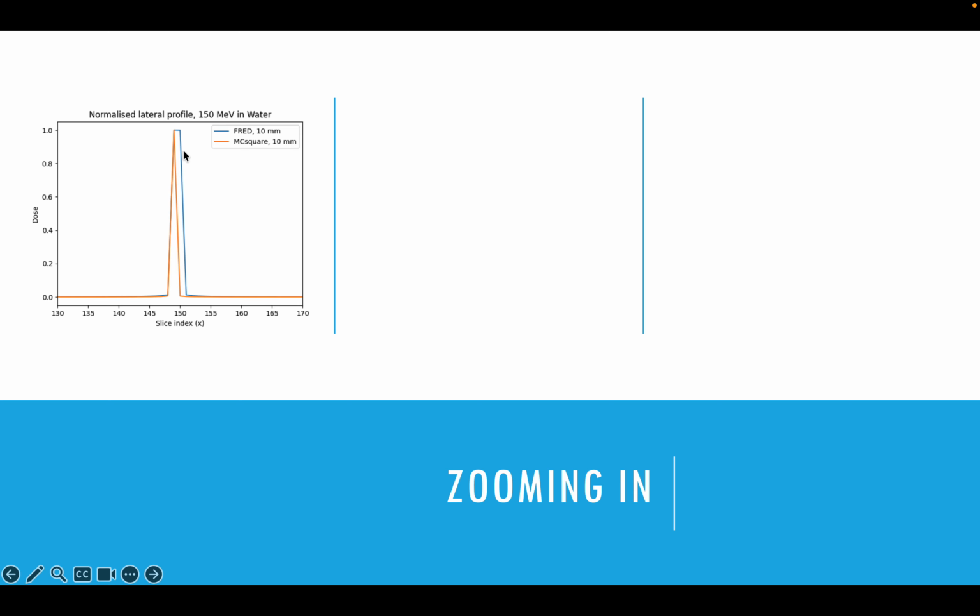Also, you can ask why this is not at the center. I was trying to code it to be at the center, but because of the normalization, it either comes this way or this way. But anyway, I'll work on the code. But the idea is the multiple Coulomb scattering for FRED is broader than MC square.